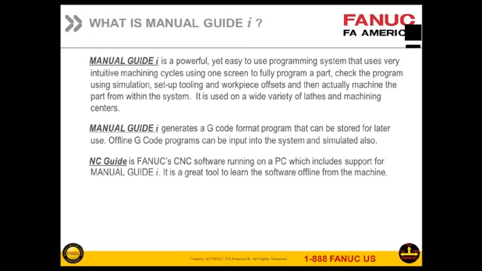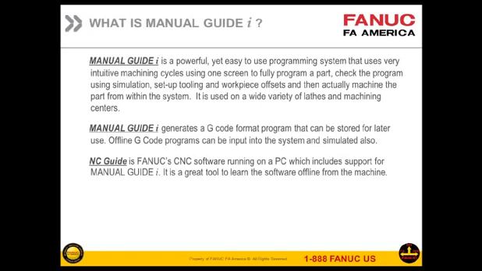You can check the part using simulation, set up your tooling, your workpiece offsets, and then actually machine the part from within that system. And it's used on a wide variety of lathes, both vertical, horizontal, inverted, twin spindles, and also machining centers, both vertical, horizontal, and all different types of machines that are built by a variety of manufacturers from all over the world.